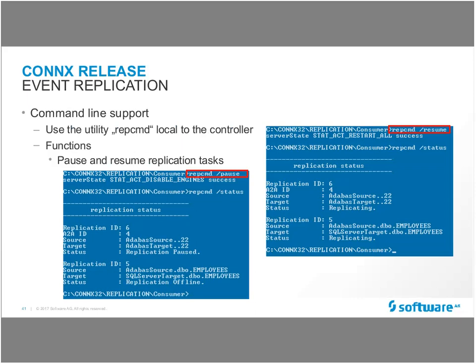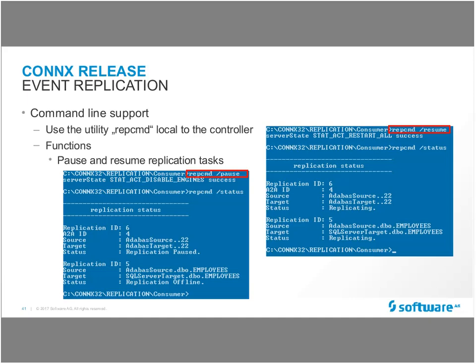But from an operational point of view, when you have 24/7 operation, it's not always practical to have only a GUI, because you need to sit in front of it, and at 2 o'clock in the morning it's not really fun. Therefore, we also introduced a command line tool where you can pause a replication task, and afterward you use a status command and see what happened.